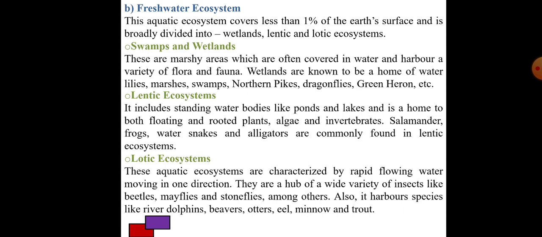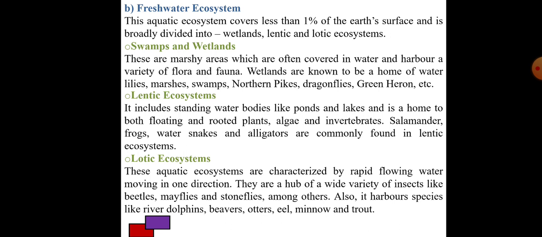So lentic ecosystem, this is the subtype of freshwater ecosystem. It includes standing water bodies like ponds and lakes and is a home to both floating and rooted plants, algae and invertebrates. Salamanders, frogs, water snakes and alligators are commonly found in lentic ecosystems. Then third subtype is lotic ecosystem.